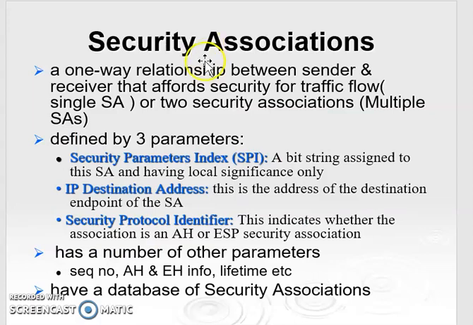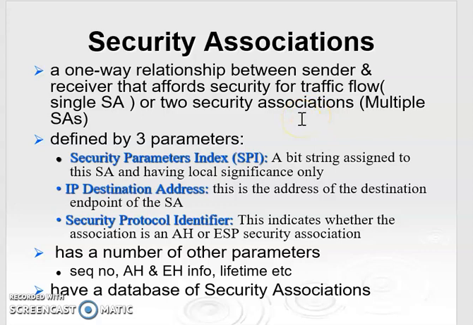Now, as I have told before, there is an association or link which is established between the sender and the receiver. It is a one-way relationship between the sender and the receiver, or the client and the server. Now if we need a two-way relationship, you have to establish two security associations, or multiple SAs.